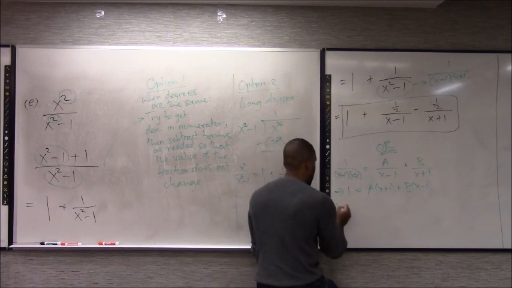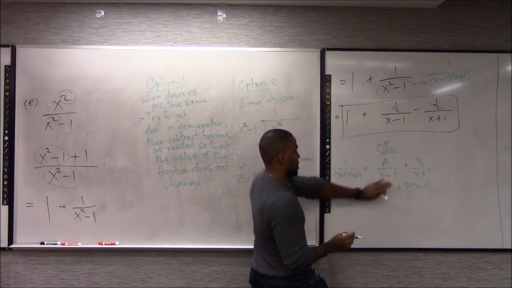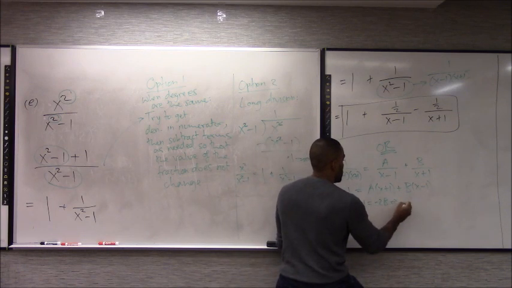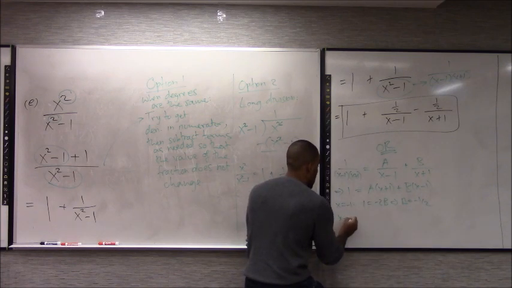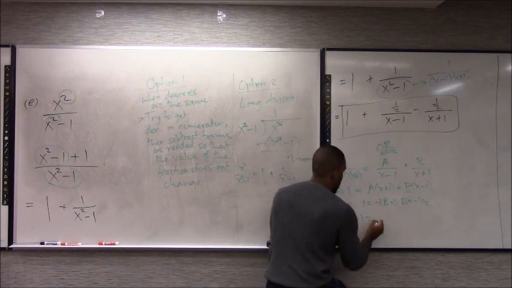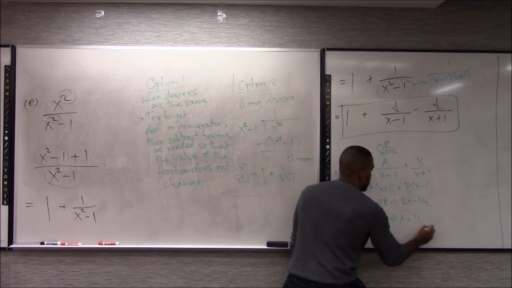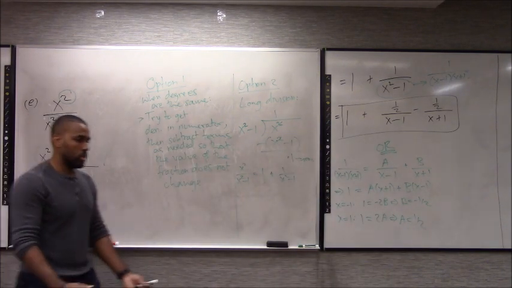And for this, plugging in convenient values will work. So if I plug in minus 1, this is going to die. I would get 1 equals minus 2b. So I get that b must be minus 1/2. And if I plug in plus 1, this guy's going to die. I would end up with 2a, and you'd get a equals a half, which is exactly what we had before. Takes a little bit longer.